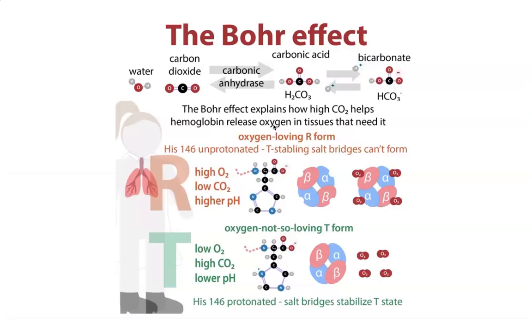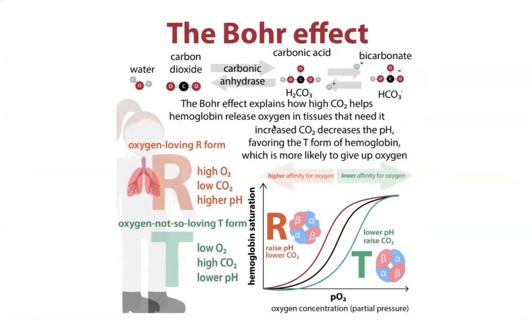So we're going to have a higher pH. We're going to be stabilized in that oxygen-loving R form, going to allow us to take up the oxygen without giving it off too soon. So at a lower pH, which we can get by having a higher CO2, we have a lower affinity for oxygen. And if we have a higher pH, we have lower CO2, we have a higher affinity for oxygen.